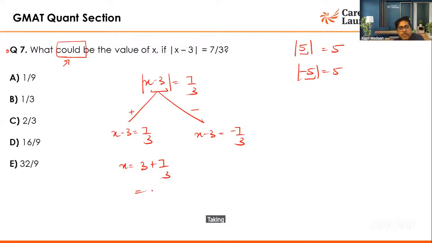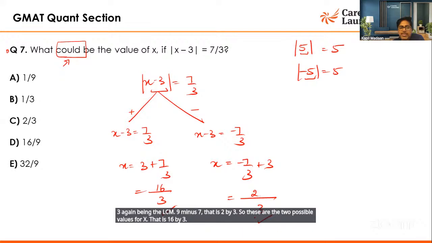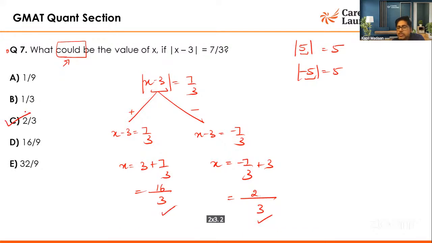Taking the LCM, that is 3, 9 plus 7, which is 16 by 3. And x is equal to minus 7 by 3 plus 3, 3 again being the LCM, 9 minus 7, that is 2 by 3. So these are the two possible values for x: 16 by 3 and 2 by 3. 2 by 3 is there in the options, so option C is the correct one here.